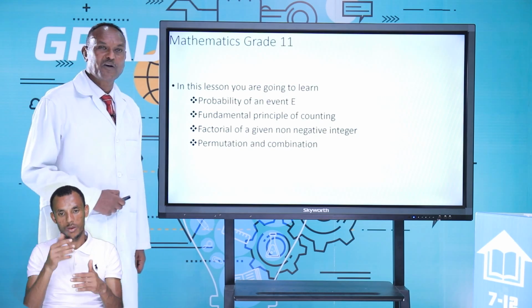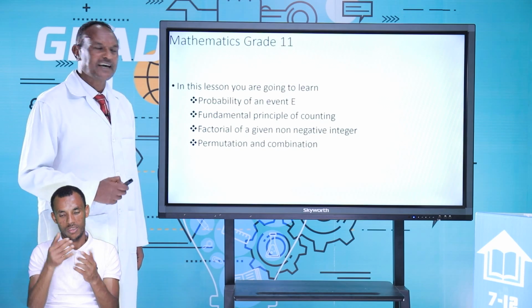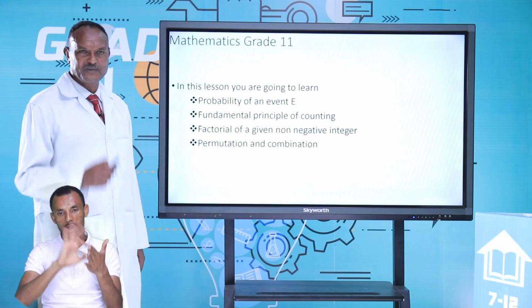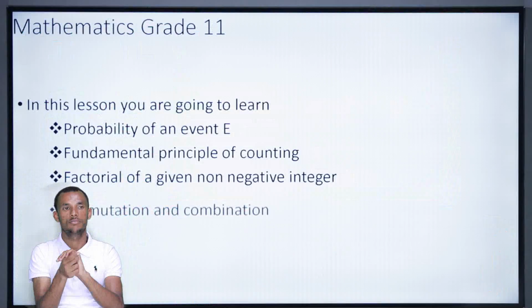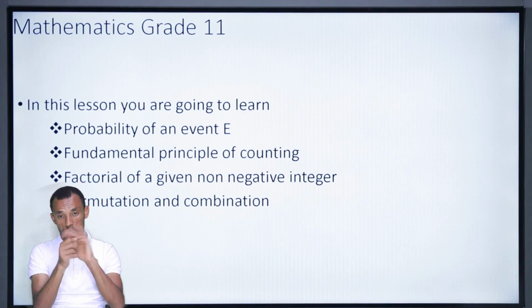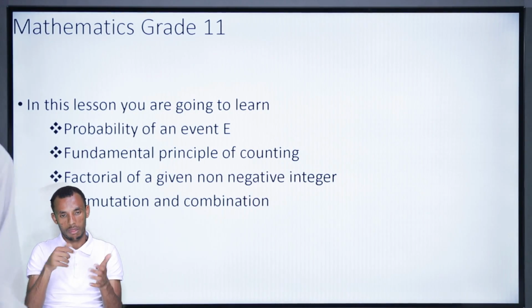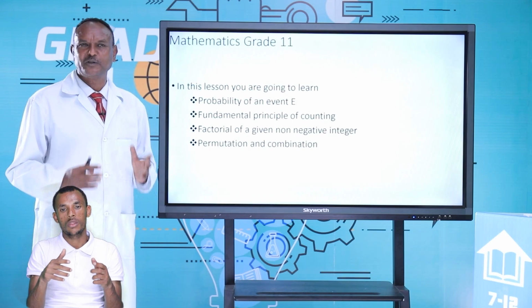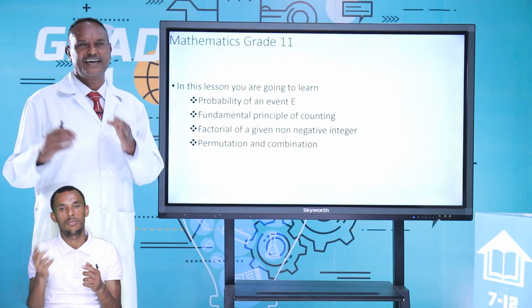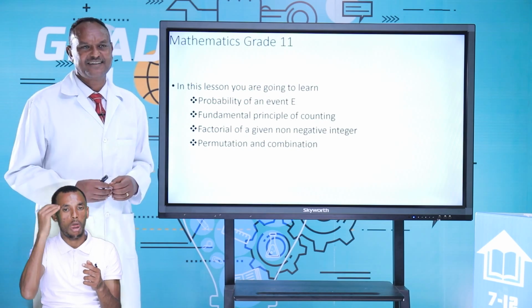Then what is the probability of an event? It is the ratio of the number of elements of the event divided by the number of elements of possible outcomes. If we take one simple example, when I throw a coin, I have two possible outcomes. The sample space is a set containing head and tail.